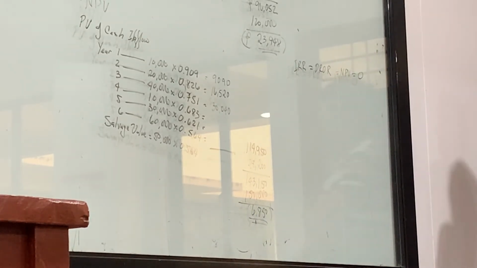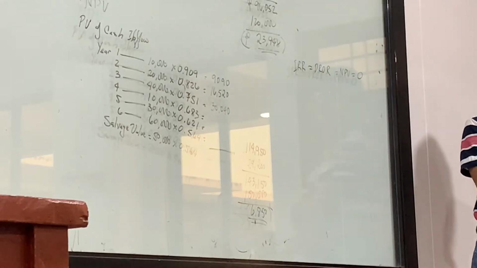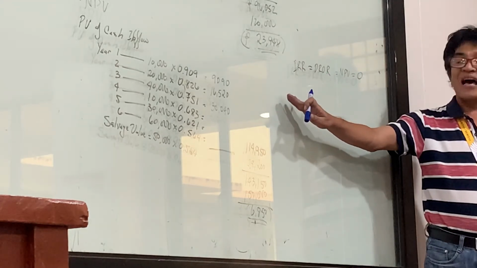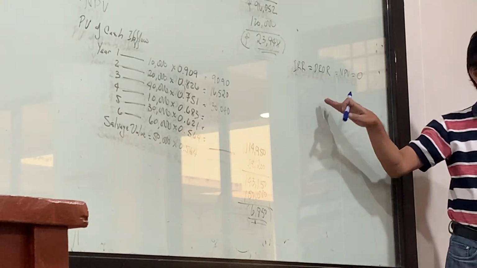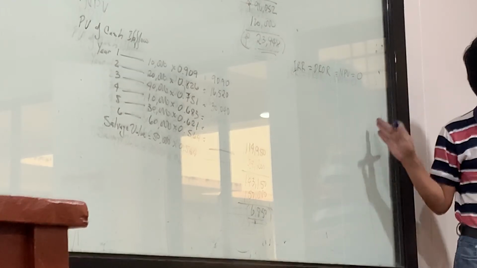Okay? When your IRR is equal to your DROR, the net present value is 0.